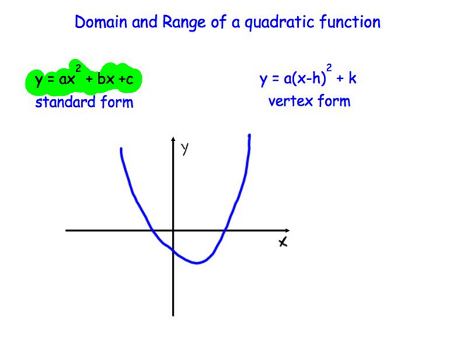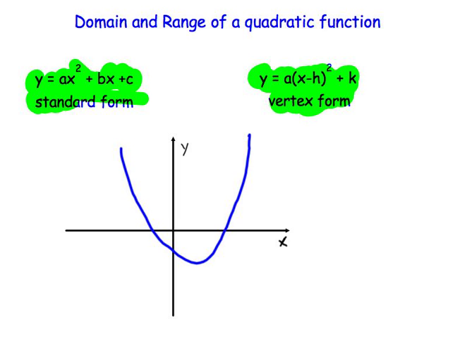Next, to the right, you will see a vertex form formula. The vertex has coordinates h and k, and a plays the same role as the coefficient in standard form.